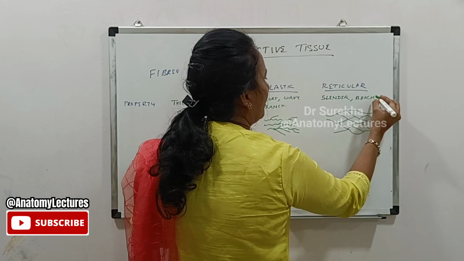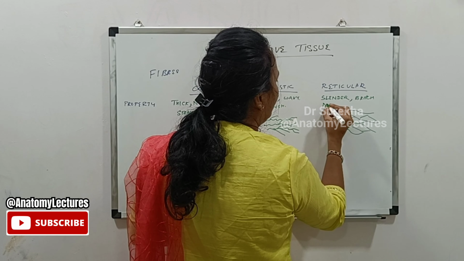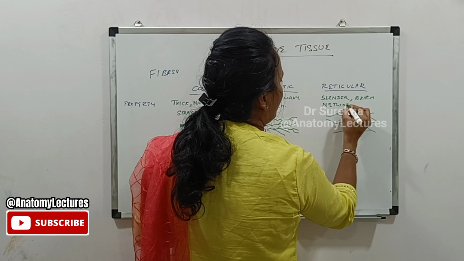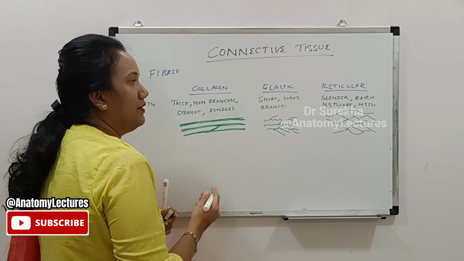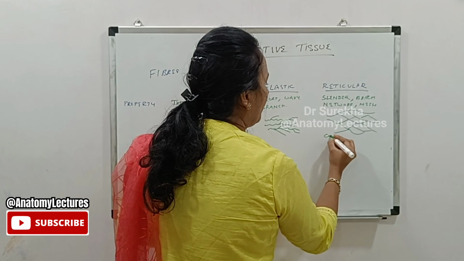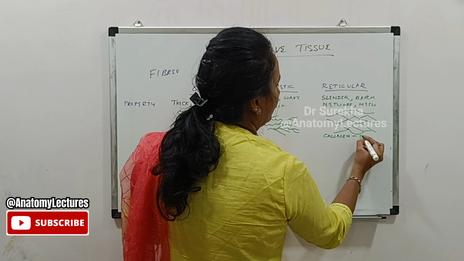They branch and form a network or a mesh, so that is how they got their name, reticular fibers. Actually these are a type of collagen fibers only, type 3 collagen fibers.